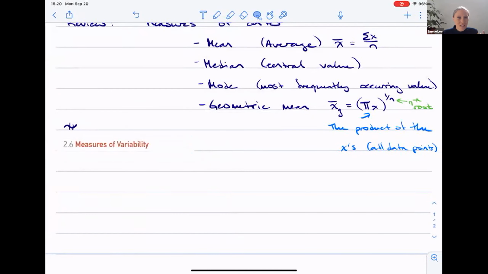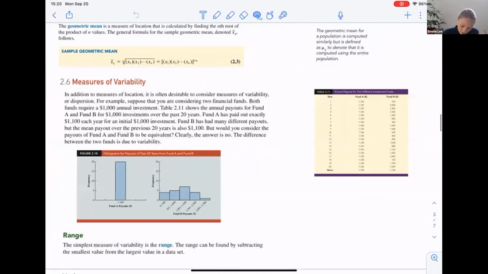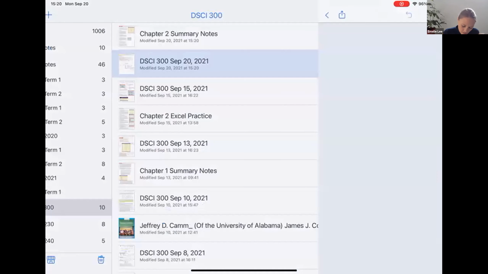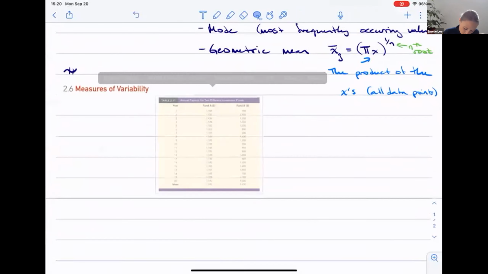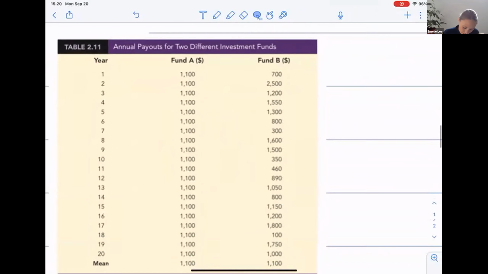So for example, if we're talking about maybe this data set here, or these two data sets, just to get an idea of what's going on here, I'll just zoom in like this.